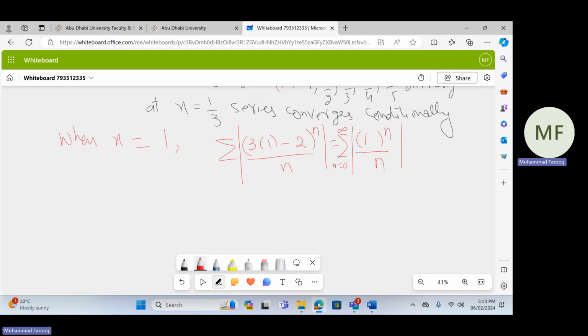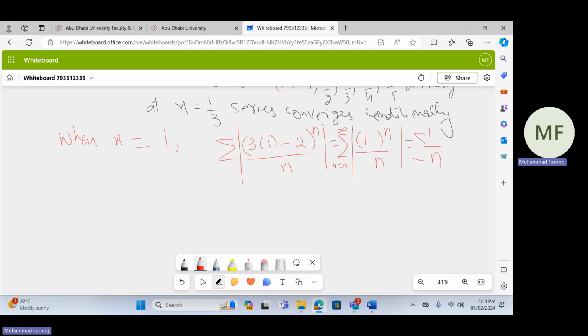The absolute value of 1 is 1. And in the denominator you have n, which is positive, so no need for the absolute value. So I get 1 over n.